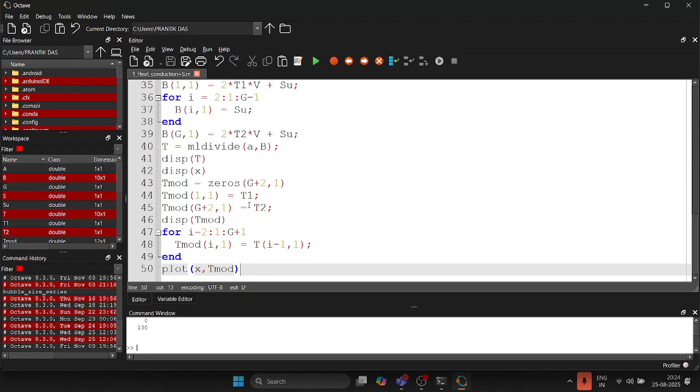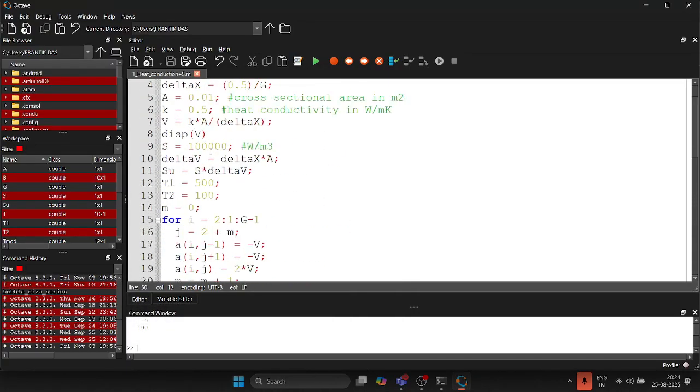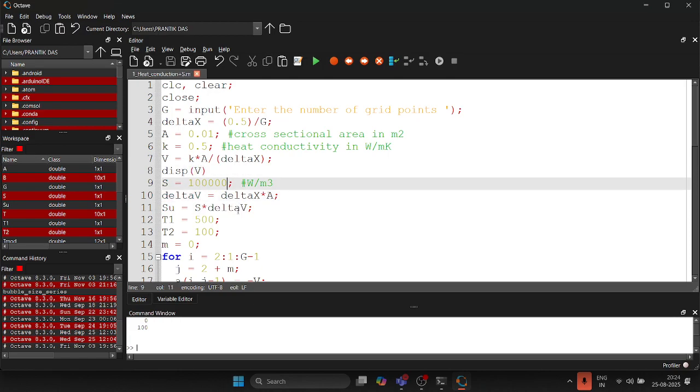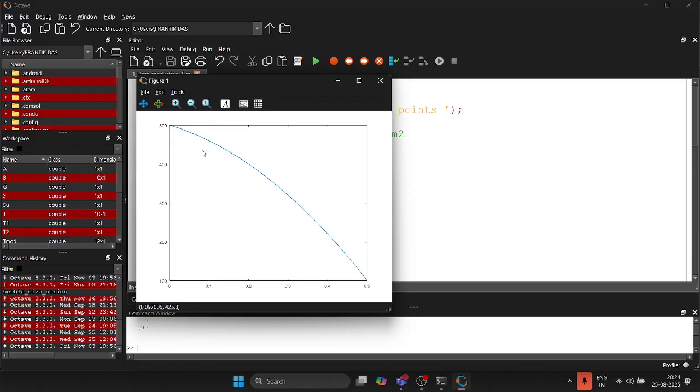After that I plotted again, okay? After plotting, you will see here 500 degrees temperature and here 100 degrees, and the temperature in between is higher than both. Okay, so now if I reduce the heat source, for example if I make it something like 1000, it comes to be a slightly parabolic one since there is a source term, but the temperature is between 500 and 100 itself.